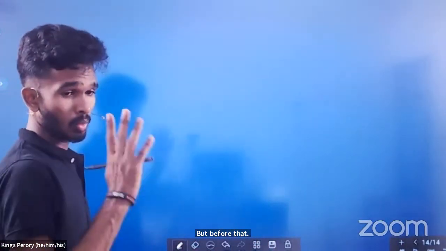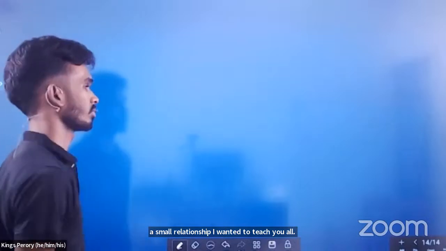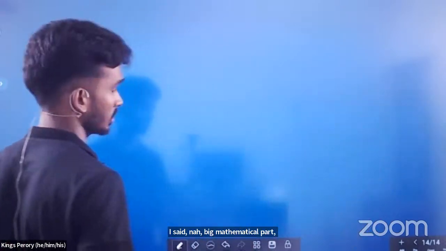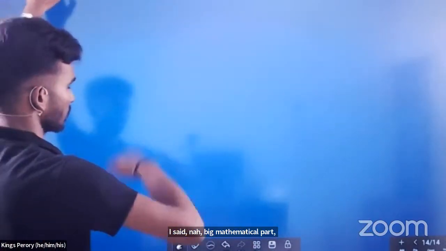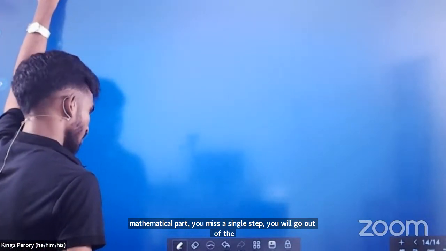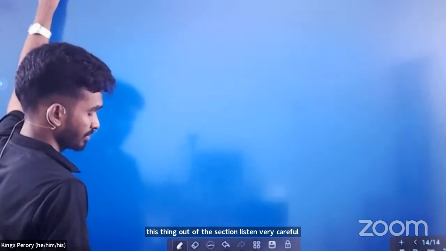Look very carefully. Listen, big mathematical part, you miss a single step, you'll go out of the section. So listen very carefully. Now you all tell me, what's the commercial unit of measuring electric energy?